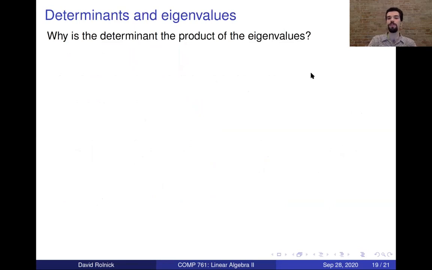Now, why is the determinant the product of the eigenvalues? The determinant of the matrix.